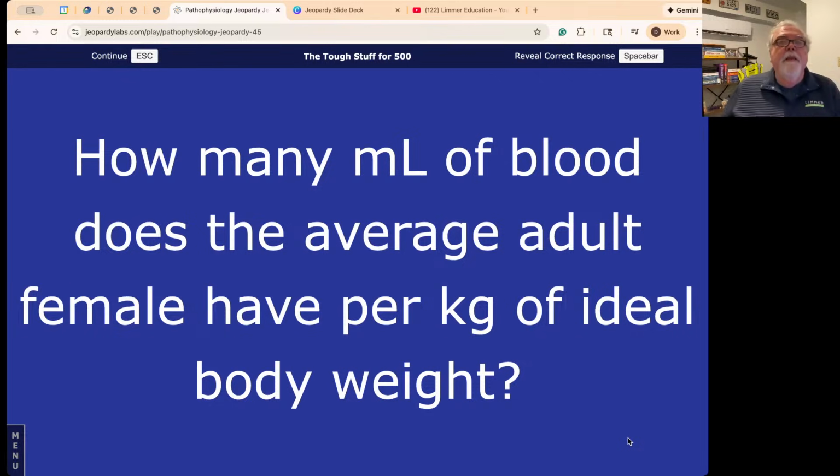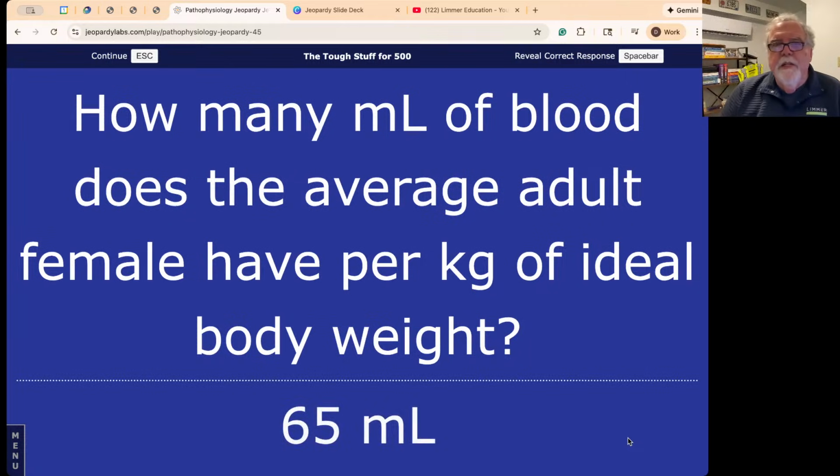All right, now, I'm not sure how many of you Googled out there, but I'm going to get to the answer here. Now we're getting pretty close in some of those answers, all right? And I don't want to spend too much time on this. The actual answer on this is about 65 milliliters per kilo of body weight. Males are a little bit higher, 70 to 75 milliliters per kilogram.